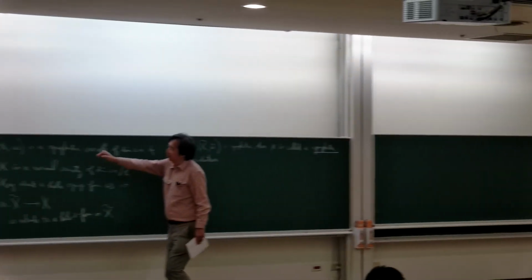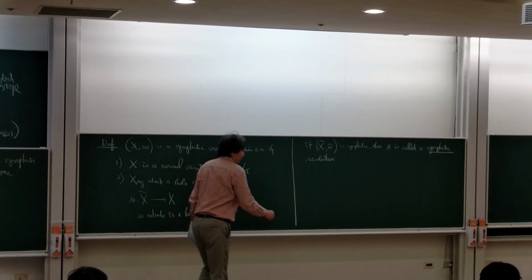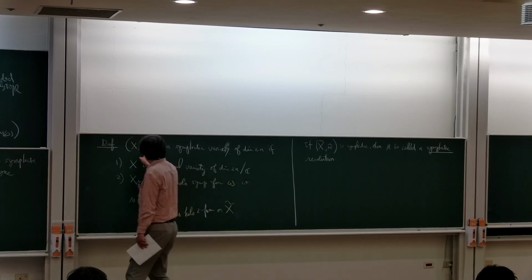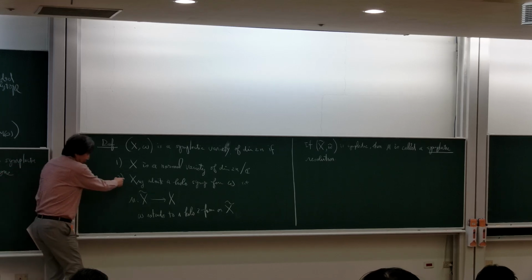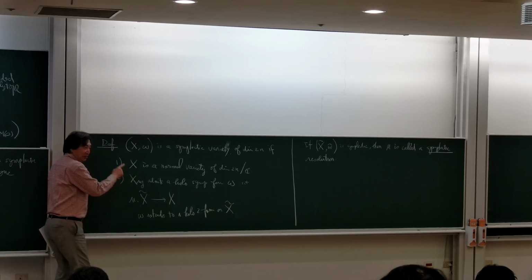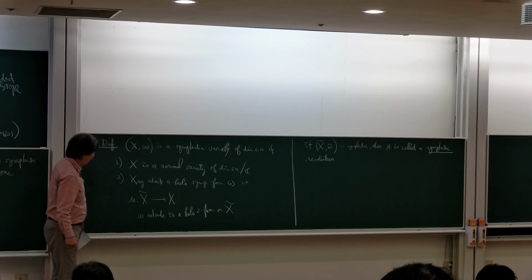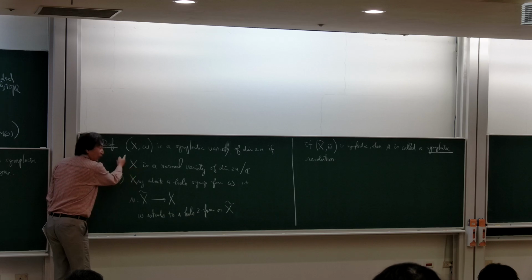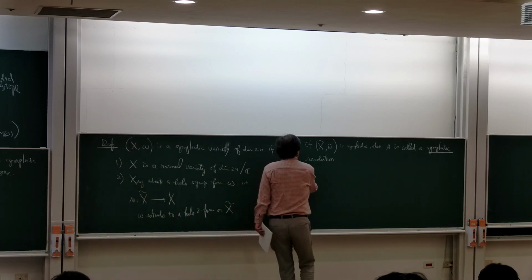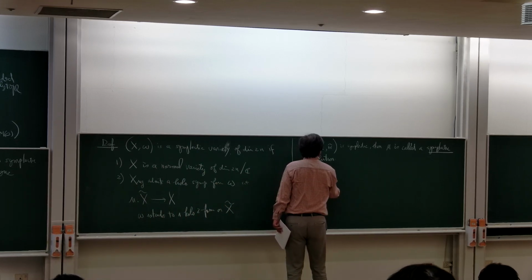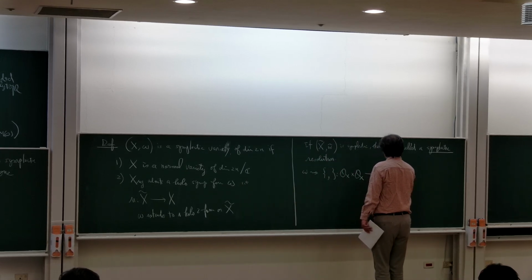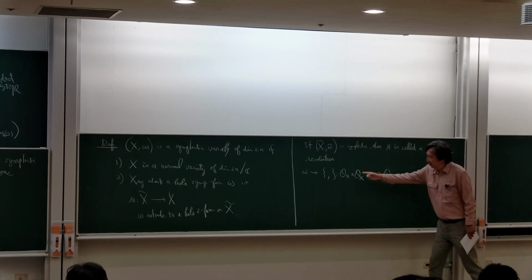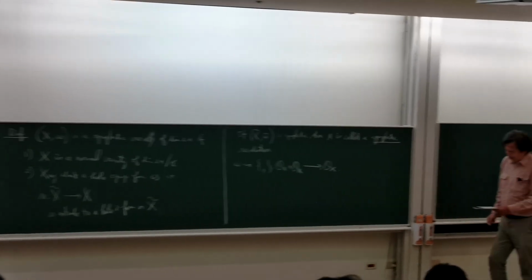Now let's start with such a variety. Then the symplectic form on the regular part determines the Poisson structure on this manifold. But such a Poisson bracket extends uniquely to a Poisson structure on X. So from X, you get the Poisson bracket, and X is a Poisson variety.